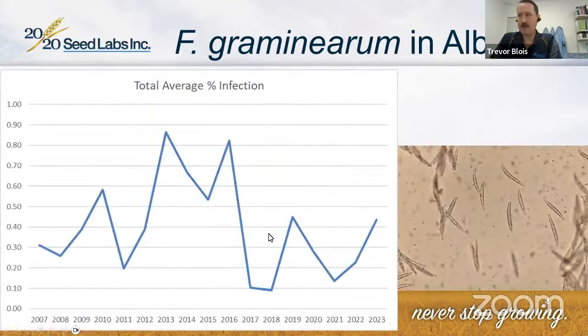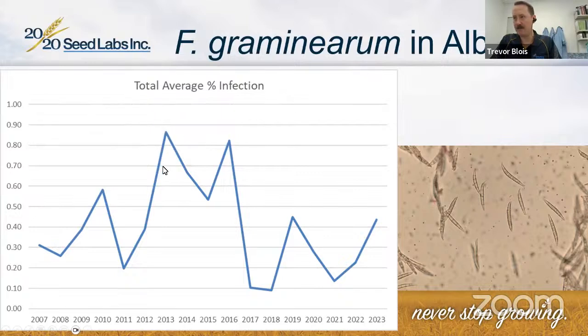samples testing positive, a higher percentage than most years. Looking at the total average percent of infection, so this is of all of the seed that we test in the total year, thousands and thousands and thousands. What percentage of those seeds have a Fusarium graminearum infection? So it looks a little bit different, this one.